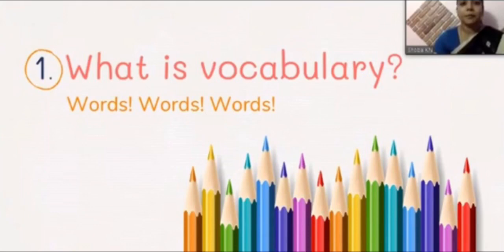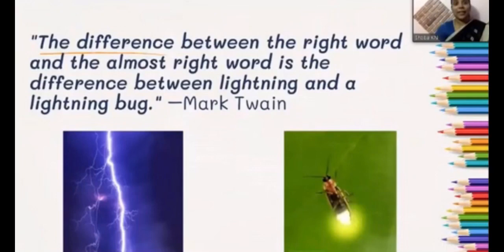Or how do we take our English to the next level? There is no other way, only through vocabulary building strategies. Here is a quote by Mark Twain: the difference between the right word and the almost right word is the difference between lightning and a lightning bug.